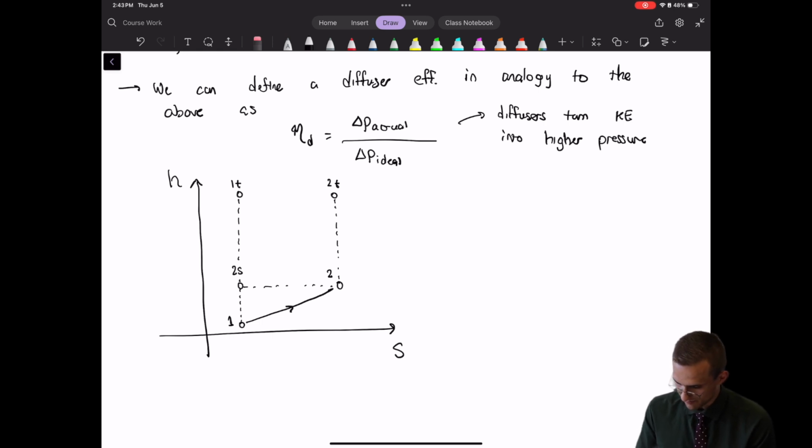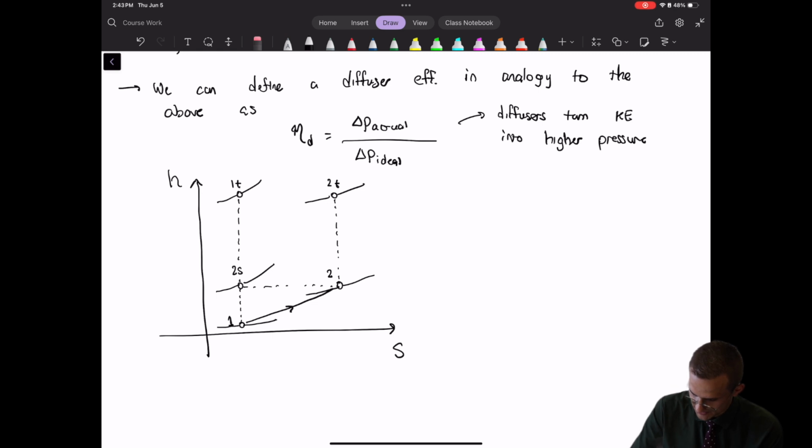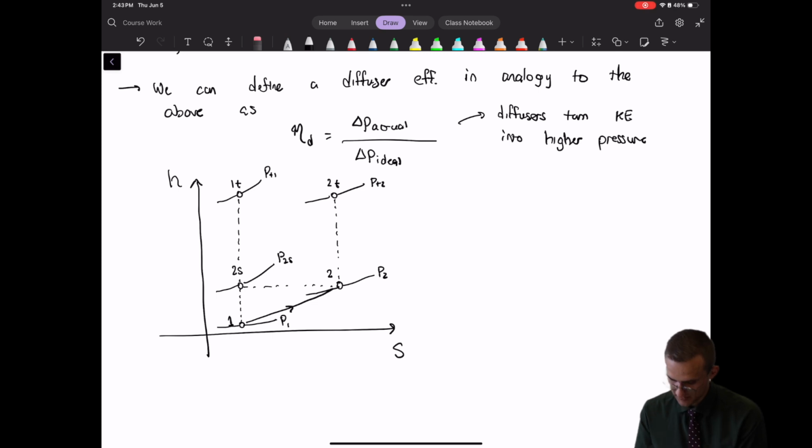And then we'll draw a bunch of isobars. On this diagram, they should be a little bit shallower than this, but I'll do my best drawing these. Okay, so this is PT1, this is PT2, this is P2S, this is P2, and this is P1.